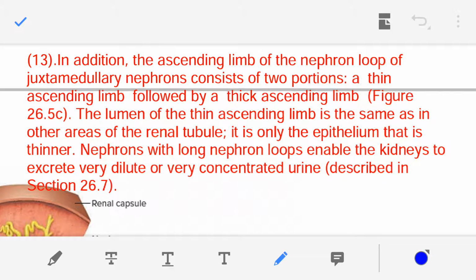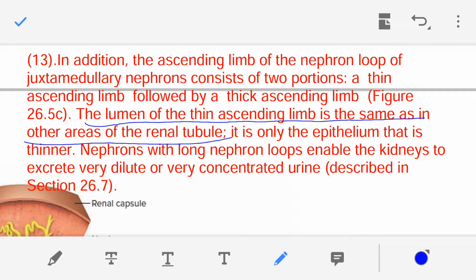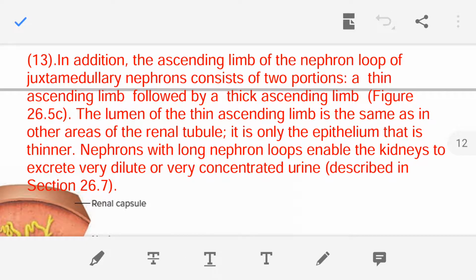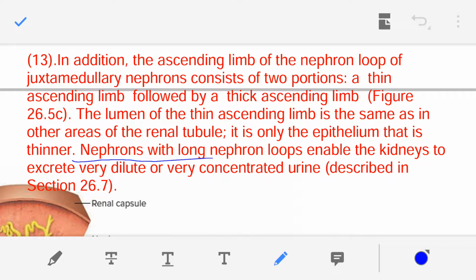See, the lumen of the thin ascending limb is the same as in the other areas of the renal tubule. The only difference is the epithelium, which is thinner. Then nephrons with long nephron loops enable the kidney. Now we have seen the long nephron loop for the juxtamedullary nephron, okay.